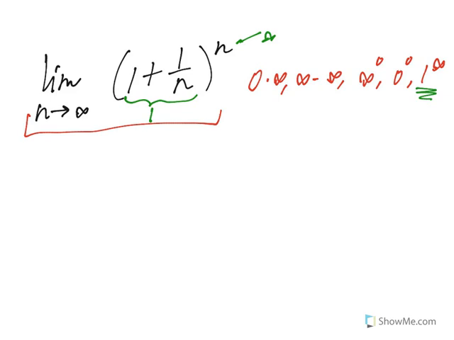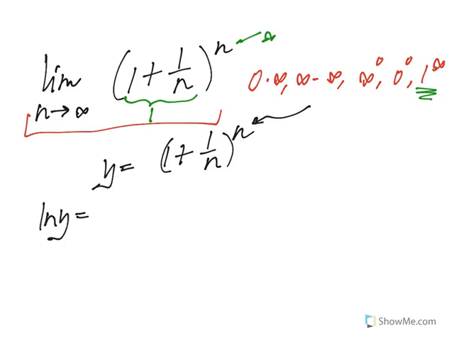What we're going to do in this case is set this equal to y, and then we need some way to get this into a L'Hopital-able form, which means this right here needs to go down to the front. The only way to do that is to first natural log both sides of this equation. And now this n is going to go down to the front using properties of logs.